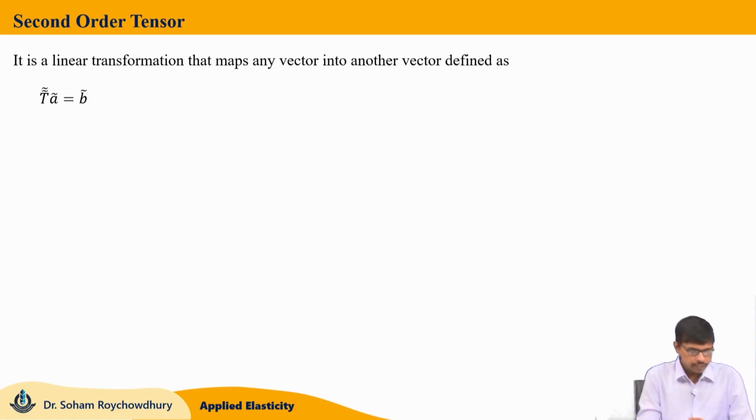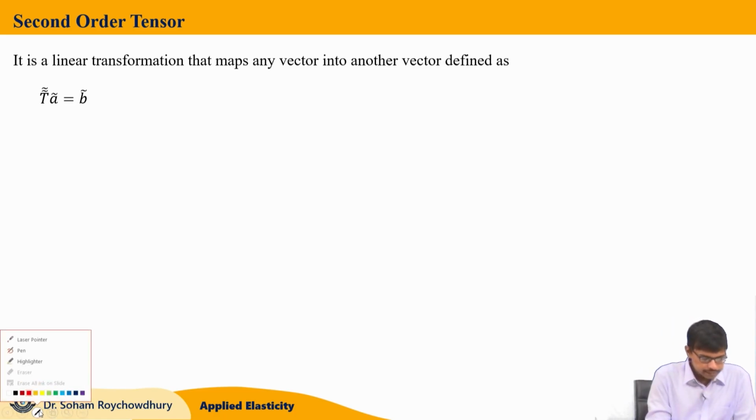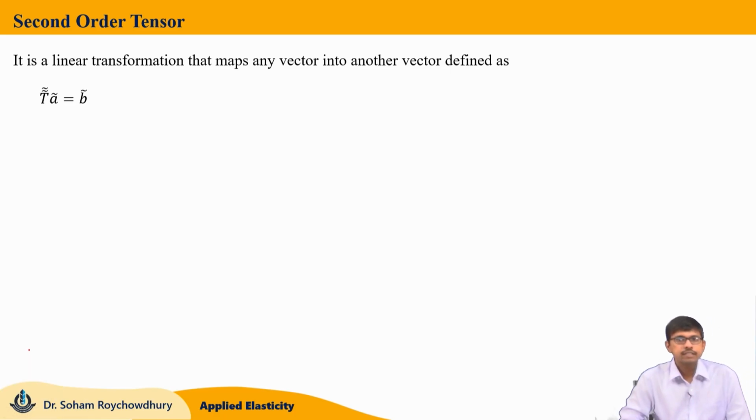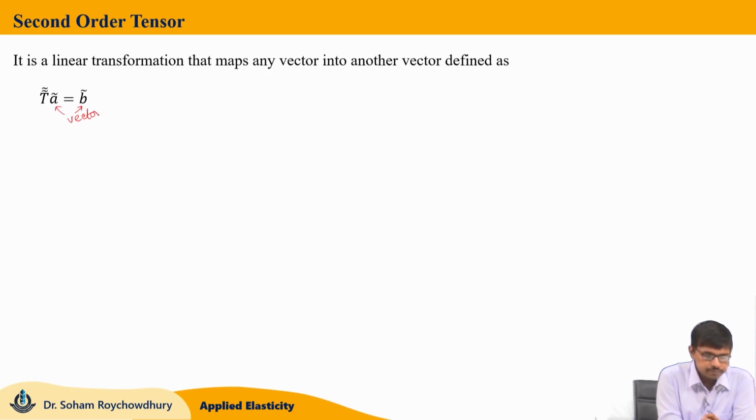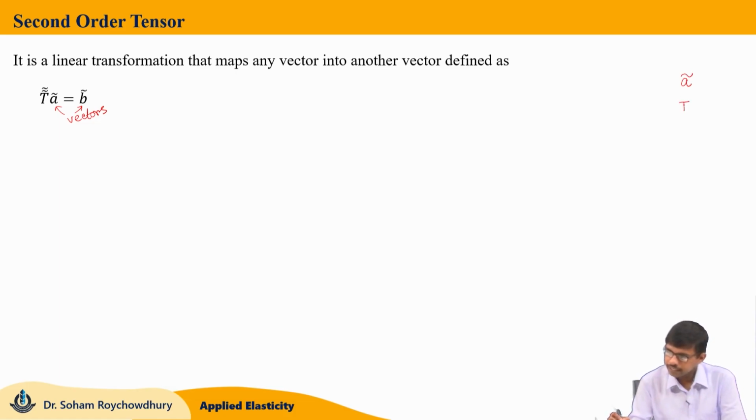Here T is a second order tensor which is acting over a vector A, and that results in a new vector B. Both A and B are vectors, and we define vectors with one curl on top, whereas second order tensors are referred to with two curls on top.